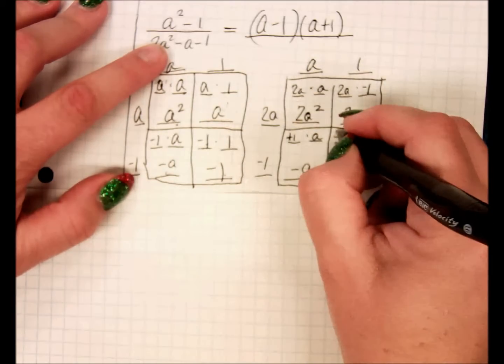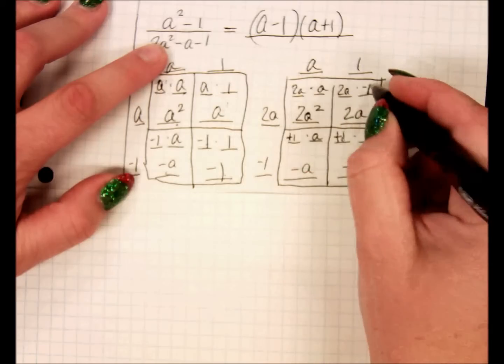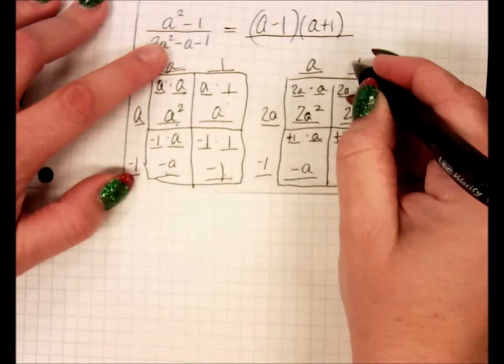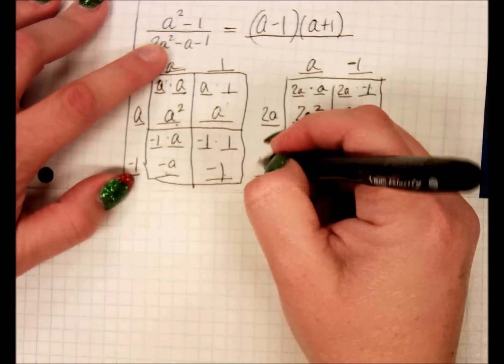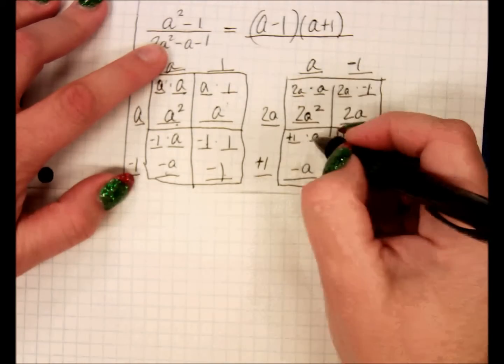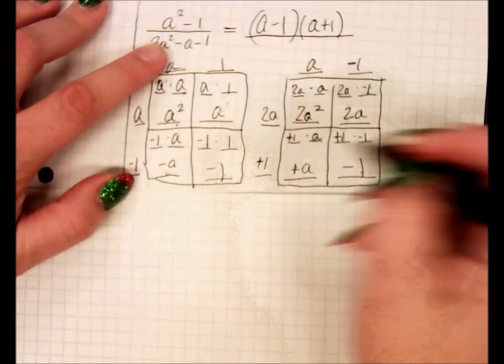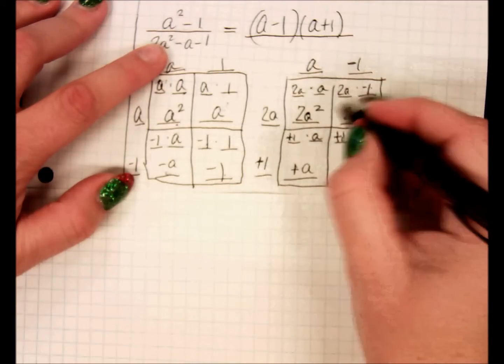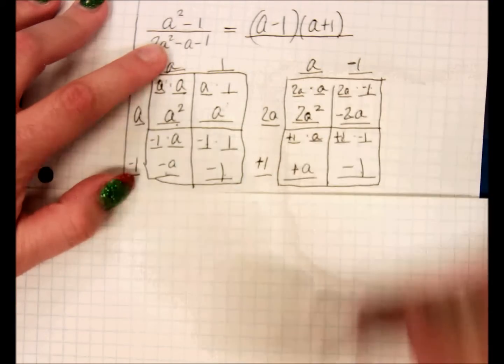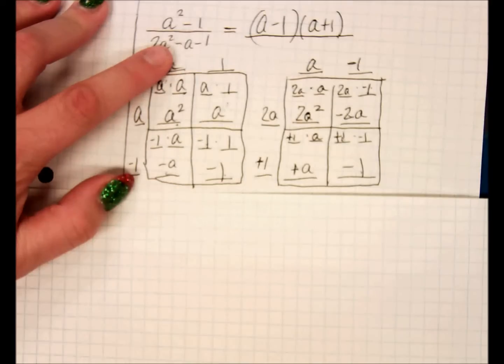That means we need to change this to positive 1. And we change this to negative 1, that to negative 1. So that means this changes to a negative and this changes to a positive. Does that help our problem? Well, here, a times a positive would give me a positive a. 2a times negative would give me a negative a. And negative 2 plus 1 would give me negative 1a. So it fixed my problem, no big deal.